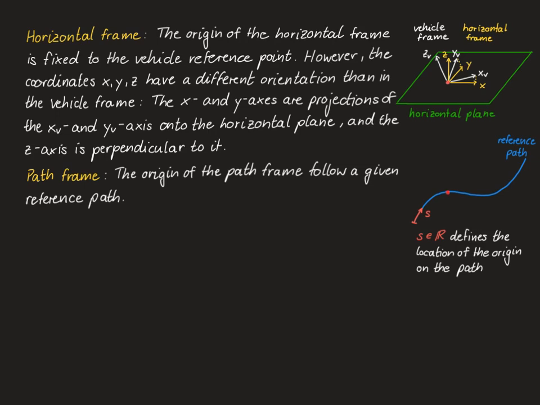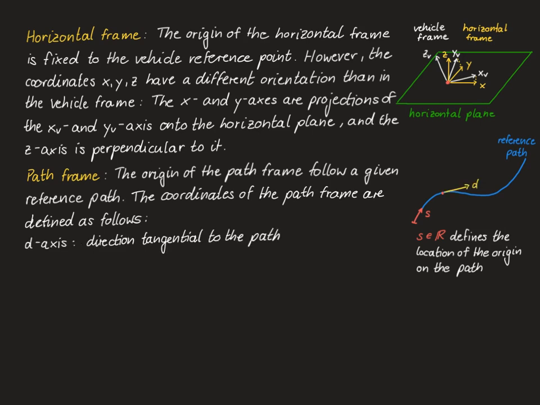So in blue here we have drawn the given path, and now we use one coordinate that we call S to define the location of the origin on the reference path. So for instance, suppose the origin is here. Now the coordinates of the path frame are defined as follows.